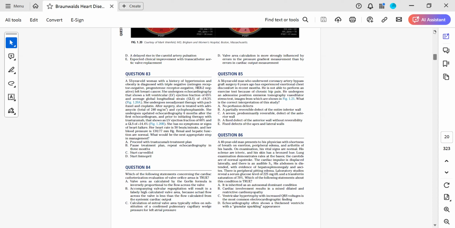So I want to knock off D and E first, because we said that fixed defects means that they are present both at rest and during stress, which is not what we found here. The defects that we found here were majorly stress induced. So that takes out D and E.